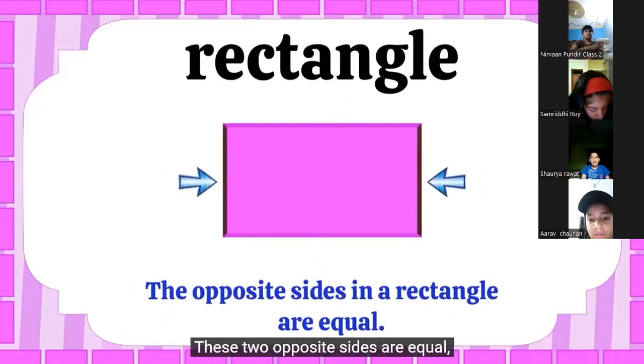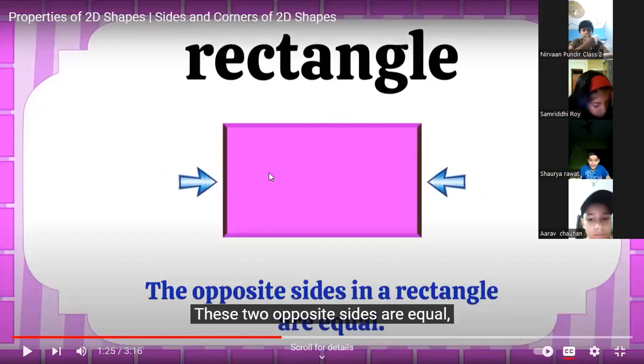So what is the difference between a rectangle and a square? You know, the rectangle has 2 opposite equal sides. You can see this one is bigger and this one is smaller. So these both are the opposite sides, this one and this one.